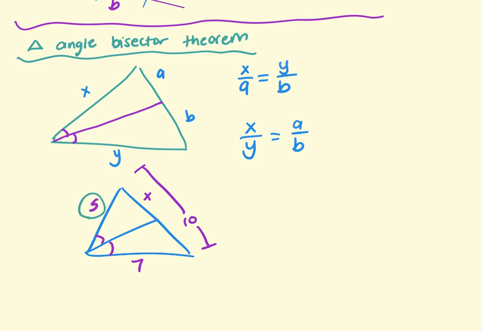You can use 5 with X as one of your ratios, but then 7 would have to be matched with whatever segment is here, which is actually 10 minus X. So it would be 7 over 10 minus X. Or you could do 5 over 7 equals X over 10 minus X.